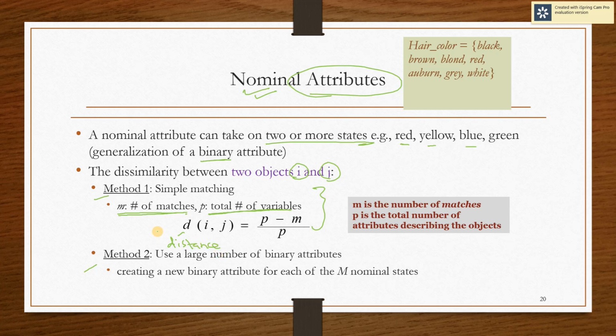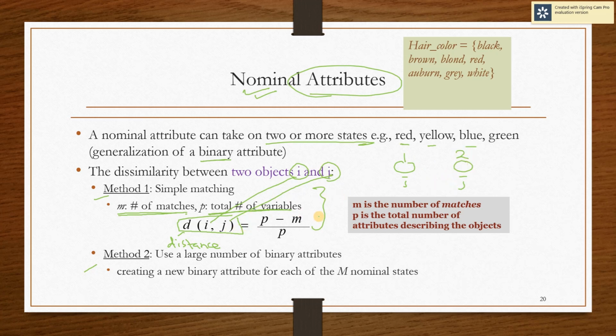If you still remember, this is actually the distance function. i is object i, j is object j. So you have i here, you have j here. For example, this is row 1, this is row 2.